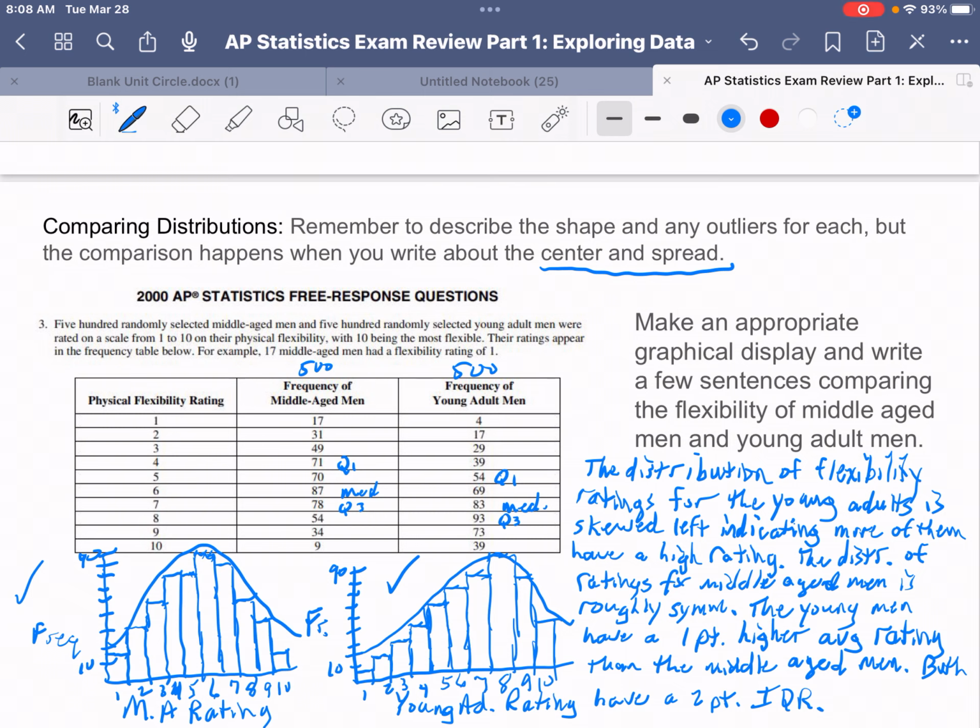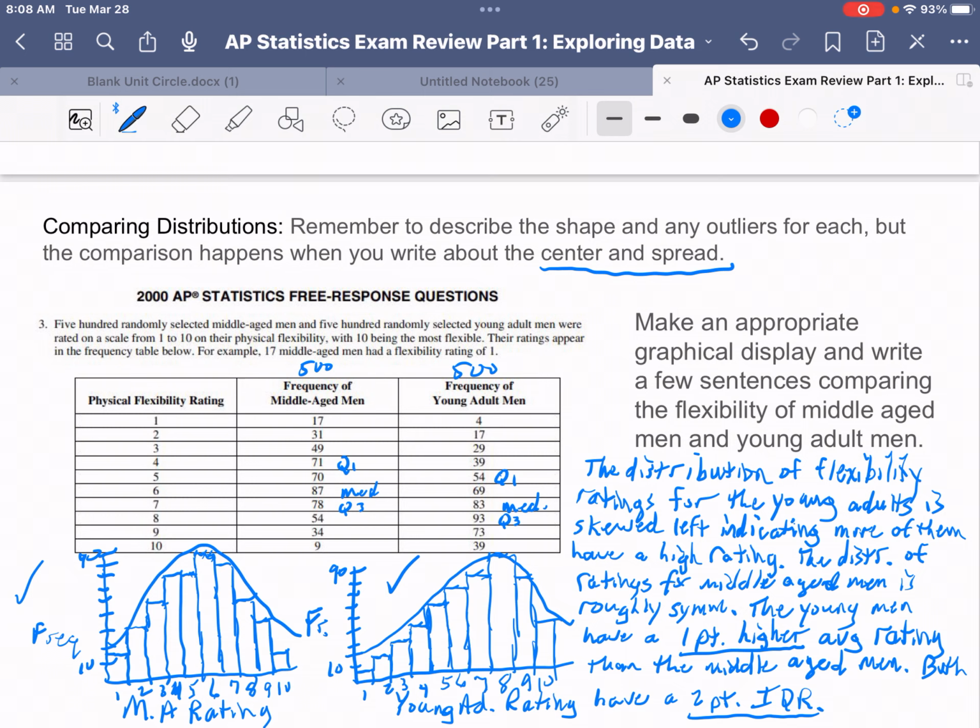The young men have a 1 point higher average rating than the middle-aged men. That sentence is a comparison. The young men are slightly higher on average in flexibility. Both have an interquartile range of 2 points.